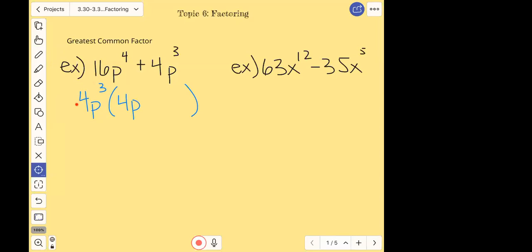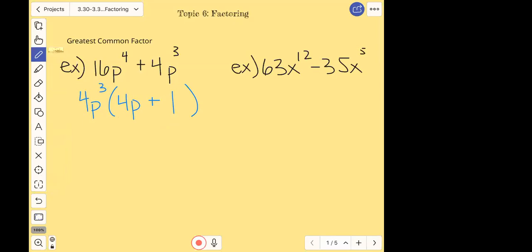So if we multiply these two together, we get back to our original 16p to the 4th. Plus, same idea for what we multiply 4p cubed by to get back to 4p cubed, which is just 1. So you'll note that you have the same amount of terms inside your parentheses that you started with.